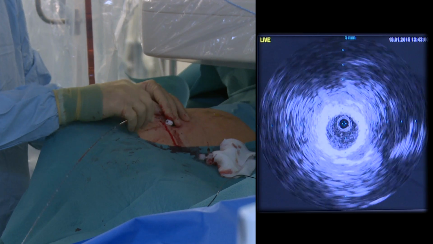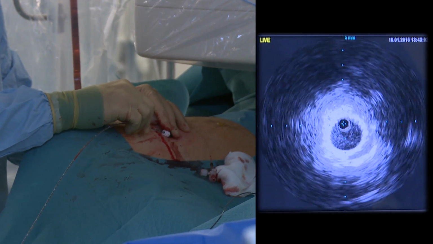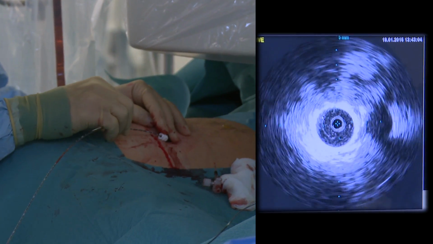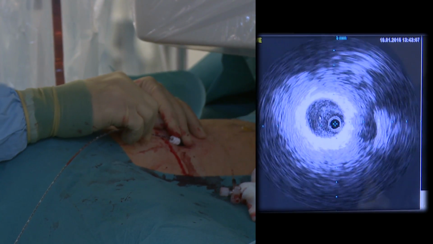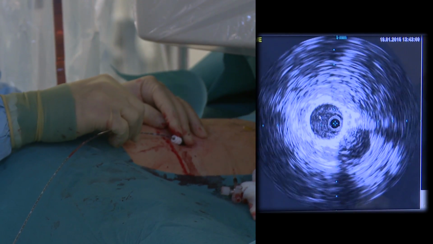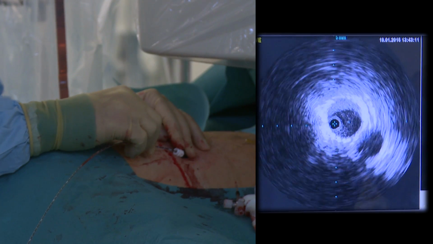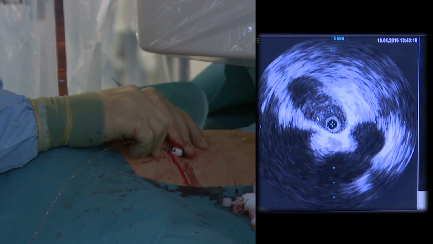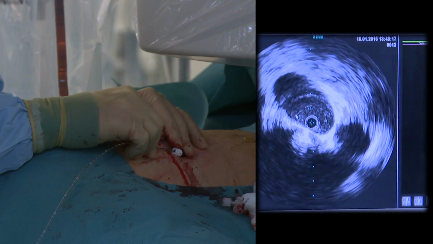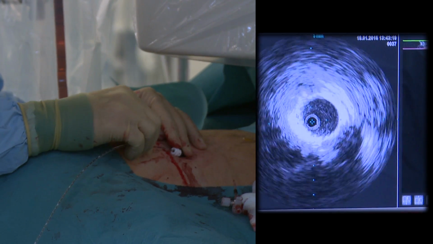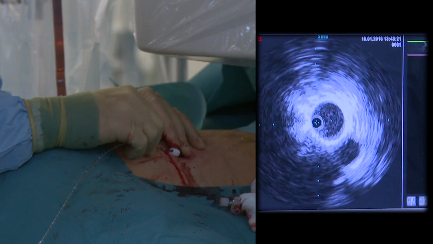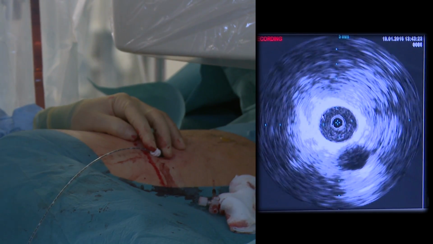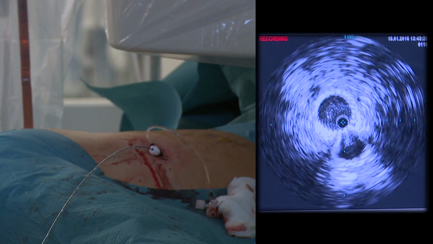Once the procedure is completed, the IVUS is used to check the full stent system, and then the stent is post-dilated. If you press record on the IVUS, it will record this pullback through the whole stent system, post-deployment of all of the stents, and then we're going to post-dilate the whole stent system.